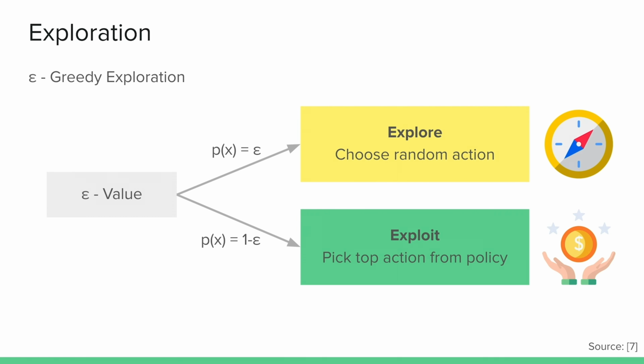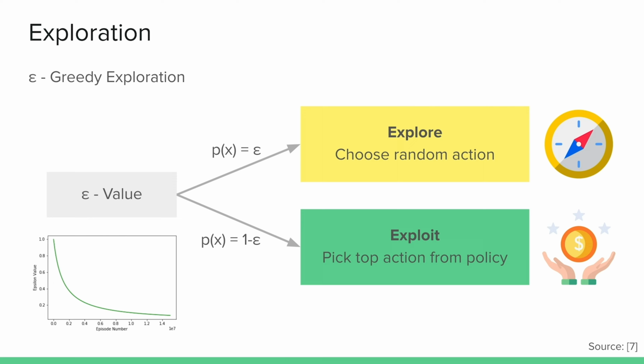And the second path you could do is exploit the knowledge that you've already gained from previous learning phases and say, with a probability of 1 minus epsilon, we pick the top action of the policy. And the way you can train now is by reducing that epsilon, so starting with a pure exploration, setting the epsilon value to 1.